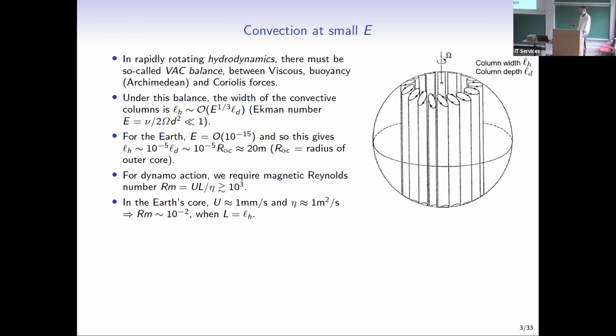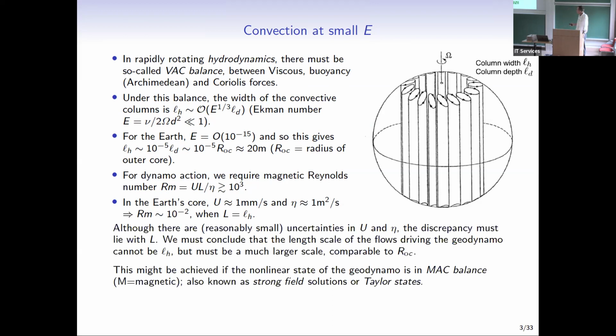So it's very, very hard to argue that the Earth's dynamo is driven essentially by columnar convection. So this is where the whole issue of the balance has come in, really. If this worked, we'd all be happy.